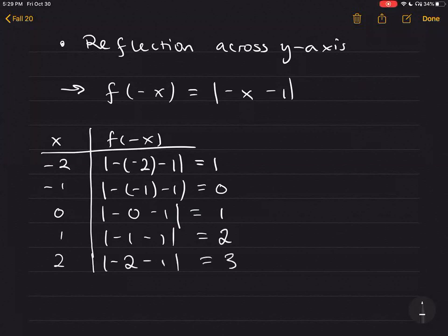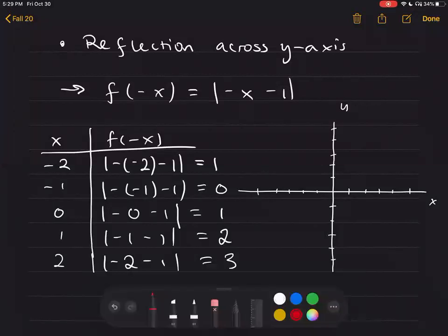And so if we graph this, all right, let's plot our points. -2 up 1, it's going to be here. And then -1, 0, 0, 1, 1, 2, and 2, 3.